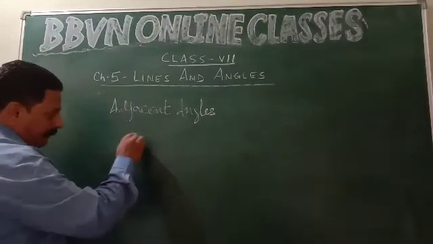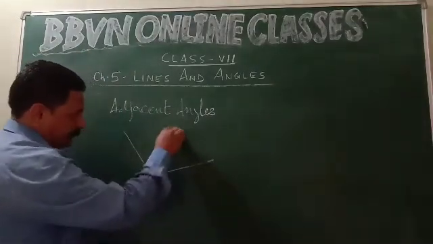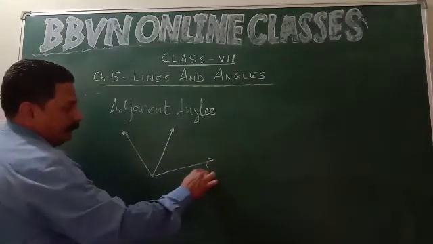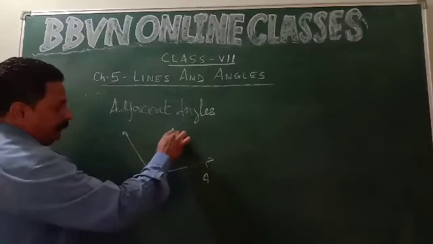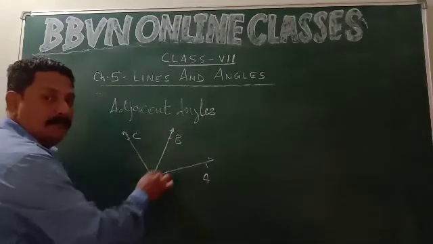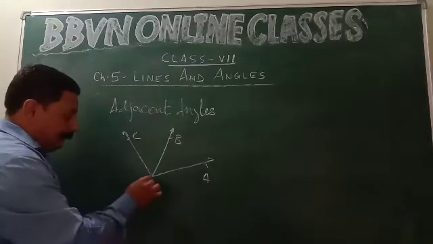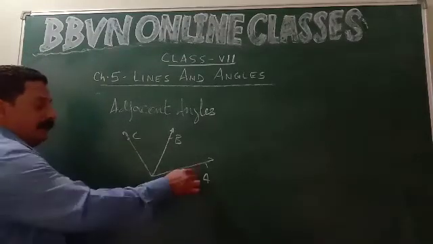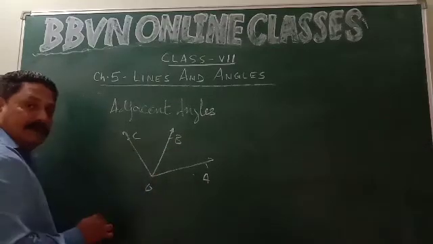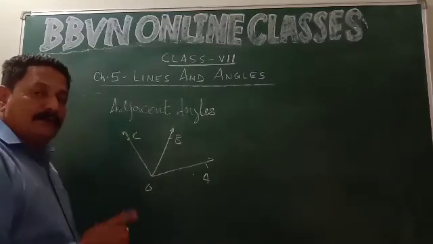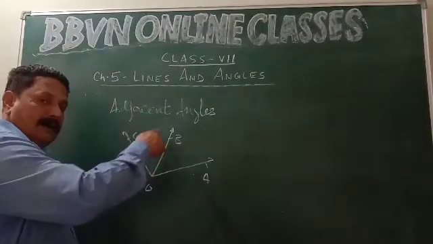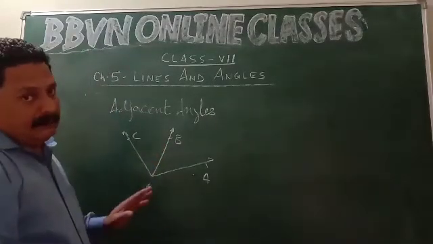So if we have any two angles such that they have a common arm, angle AOB, angle BOC, these two angles have a common arm OB and their vertex is common O. Angle AOB has vertex O, angle BOC has vertex O. So if any two angles have one common vertex and a common arm, such angles are called as adjacent angles.